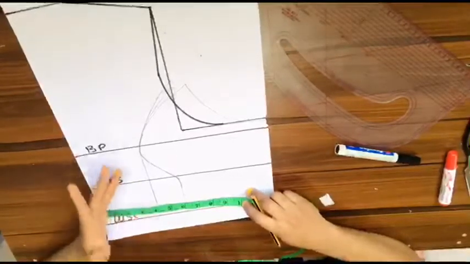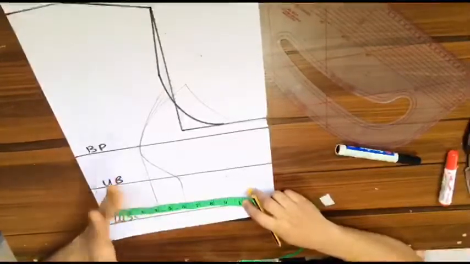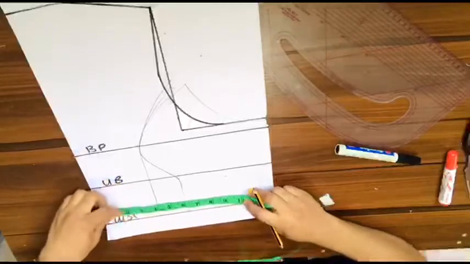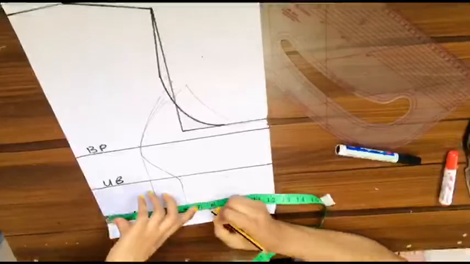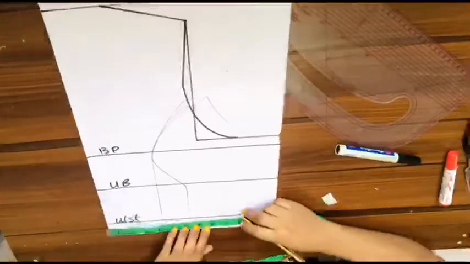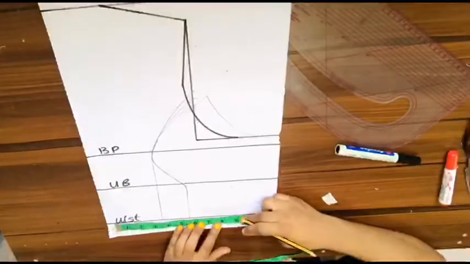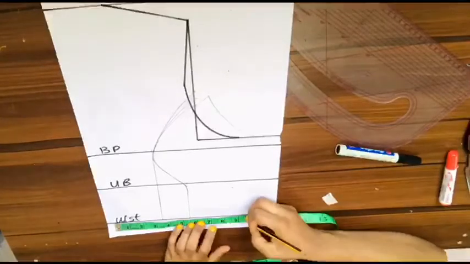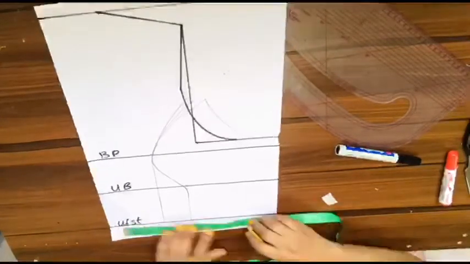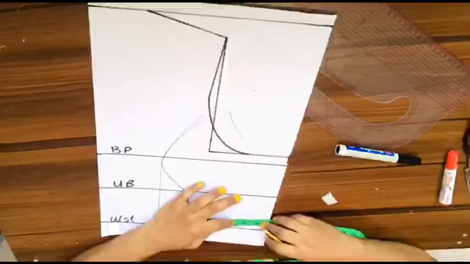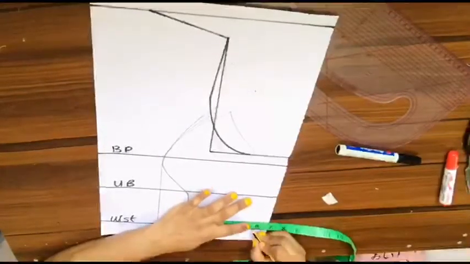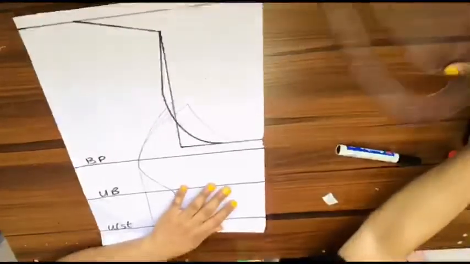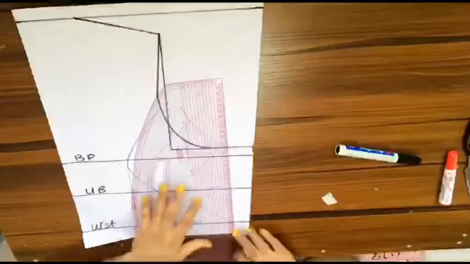But for me, the difference is not much. My waist kind of covers it, so I'll be taking my waist measurements, and then I'll be adding the 2 inch that I took from the waist back. 1, 2. And then I'll also go ahead and add my 1.5 seam allowance to it. And the next thing I'll be doing is just to create the side.